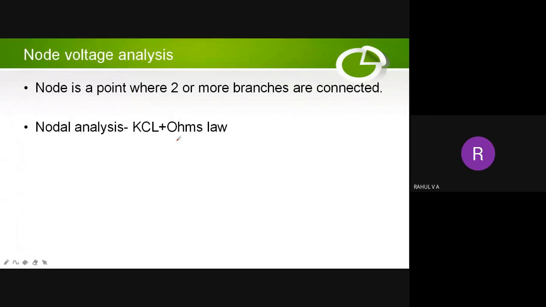Okay, so a node is a point where 2 or more branches are connected. We have already explained this. Assume that this is a branch, this is another branch. Branch means it is a 2-terminal device. So this is another branch.